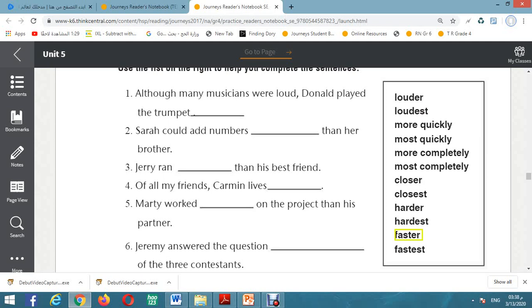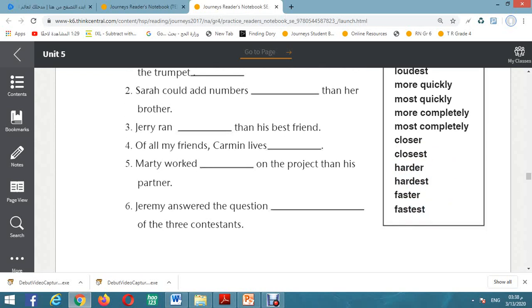Number four, of all my friends, Carmen lives. As I said, when I say of all, it's superlative. Closest. Close means near, the nearest. Number five, Marty worked the space on the project, than his partner. It's comparative, so harder.